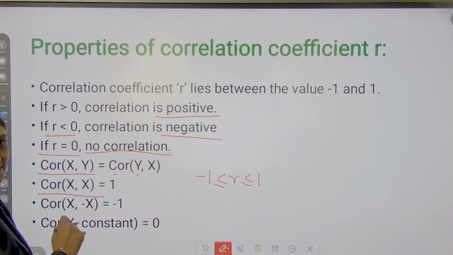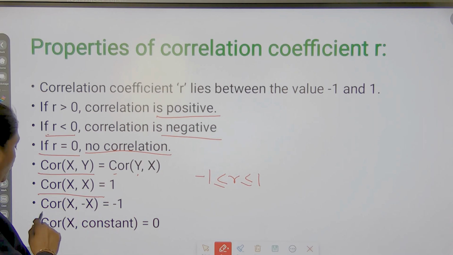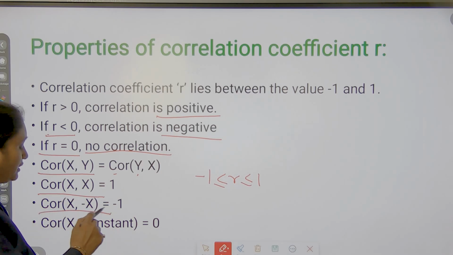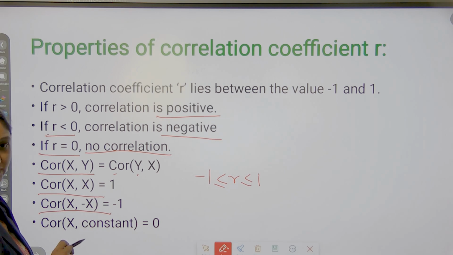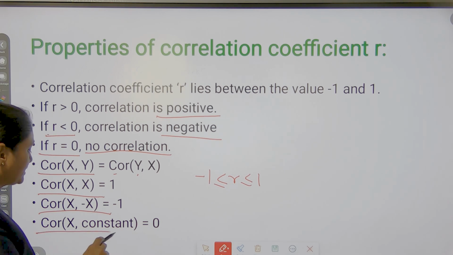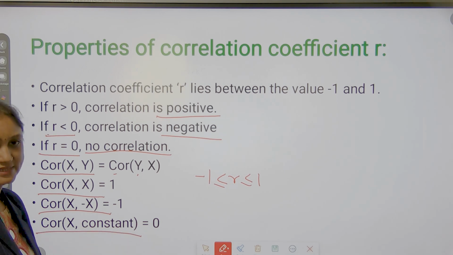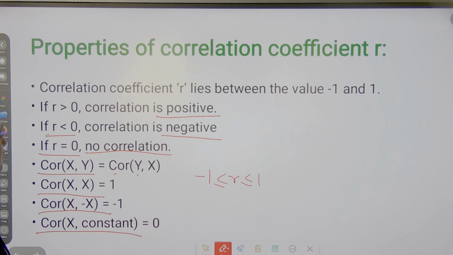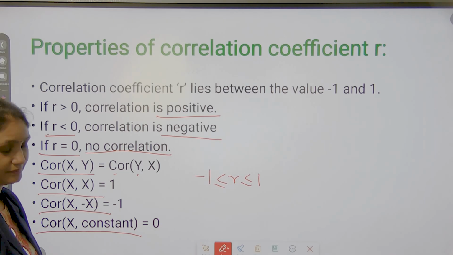Correlation between x and x is always 1. Correlation between x and minus x is equal to -1, and the correlation between x and a constant is equal to 0. So these are some properties of correlation coefficient r.